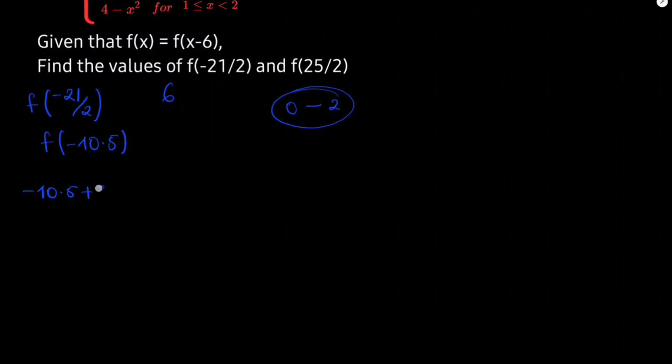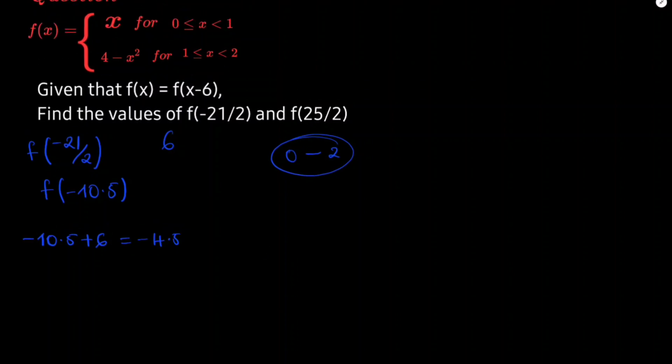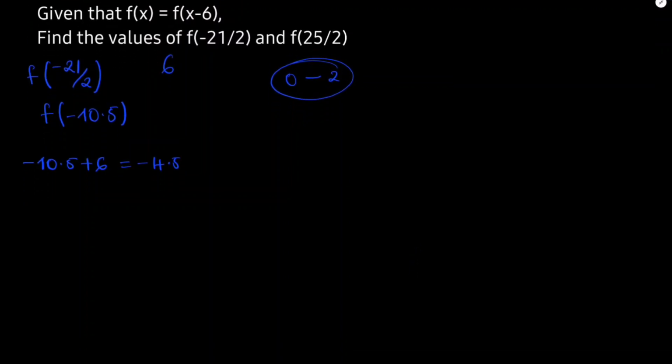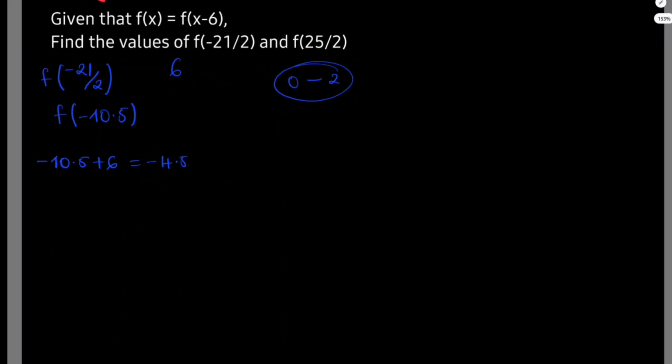So let's start. Minus 10.5 plus 6 gives us minus 4.5. Is minus 4.5 in our range? No, minus 4.5 is less than 0, so we cannot use it. So we are going to add 6 again.